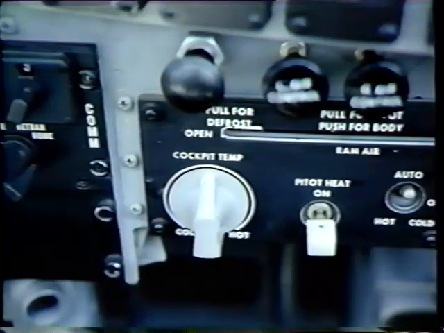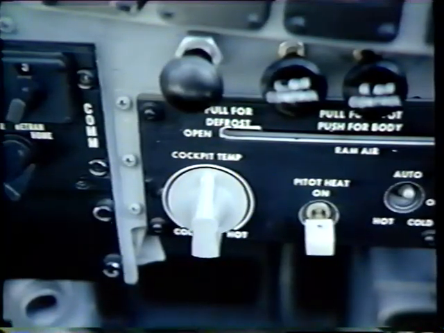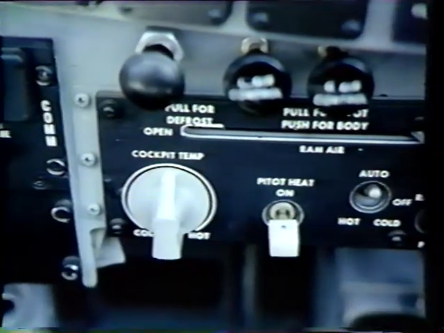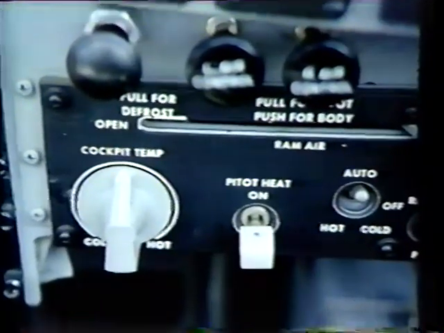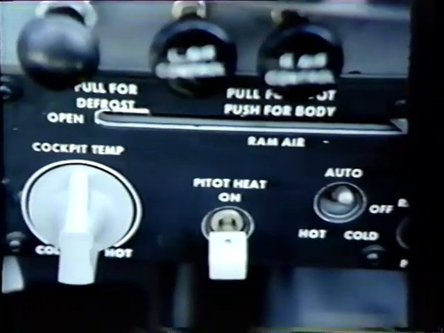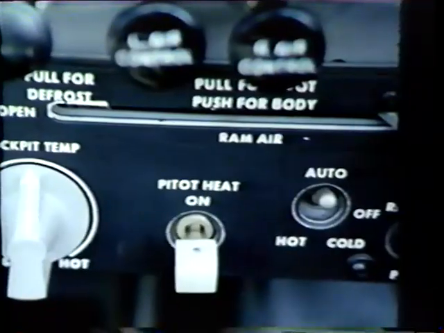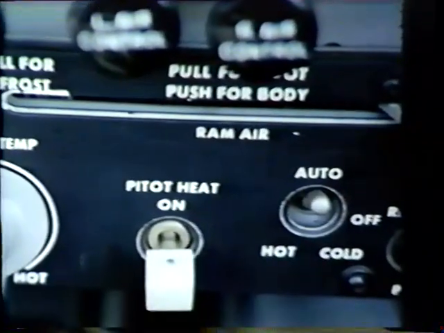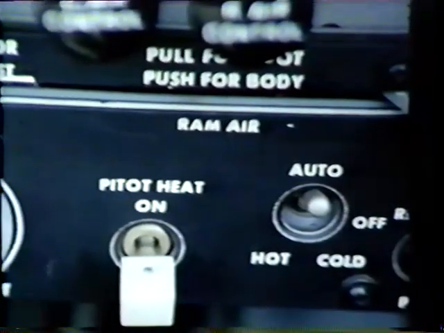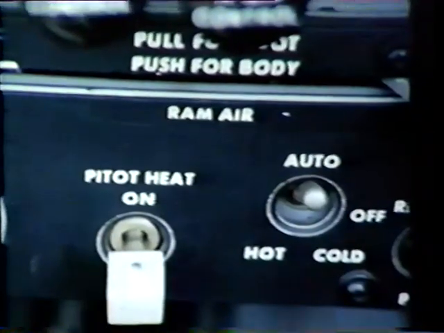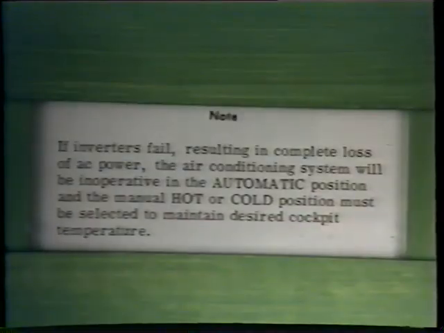This rheostat is AC powered and will attempt to maintain a constant cockpit air temperature. At idle power settings, the air conditioner will not keep the cockpit temperature constant with high or low outside temperatures. AC failure to the system fails only the automatic function.